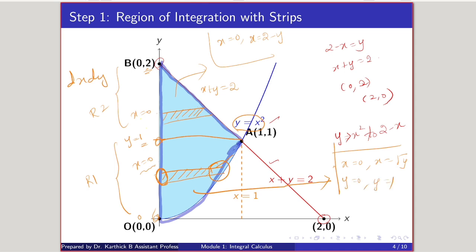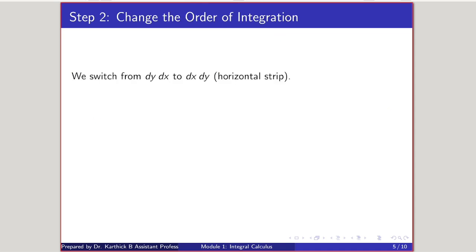If I go for this region, y varies from 1 to 2. So these are the limits for each region.